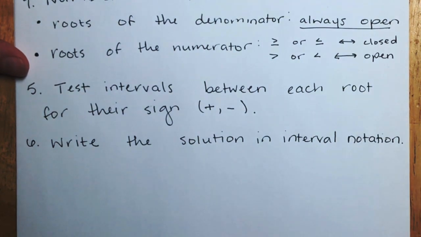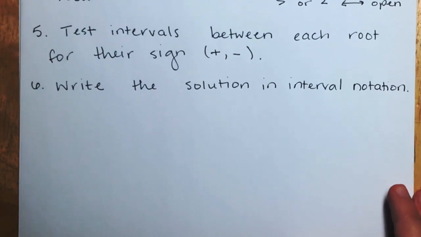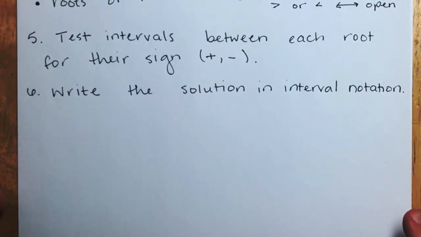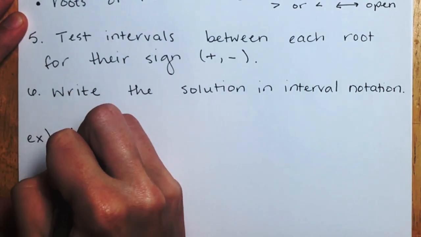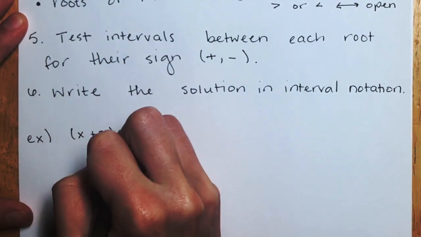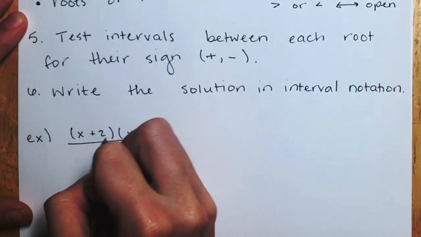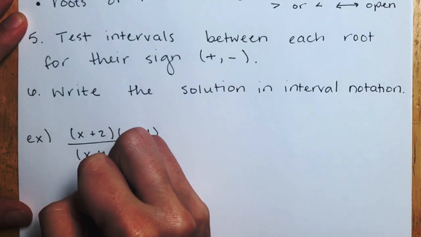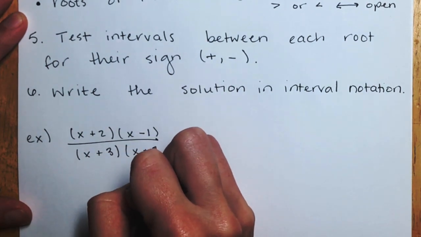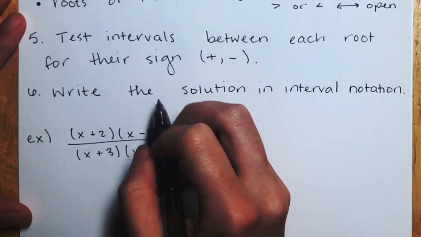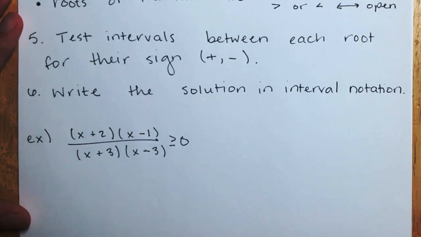All right, so let's give it a shot real quick. I'm going to do that right here. So our first example, let's say we're given (x plus 2)(x minus 1) over (x plus 3)(x minus 3) is greater than or equal to 0.